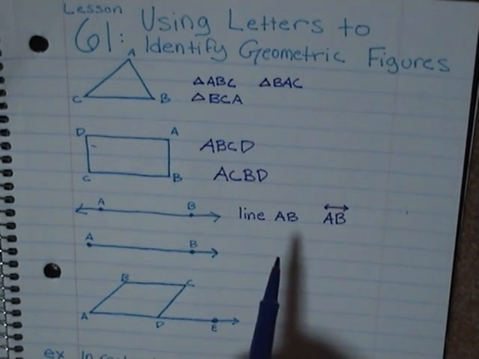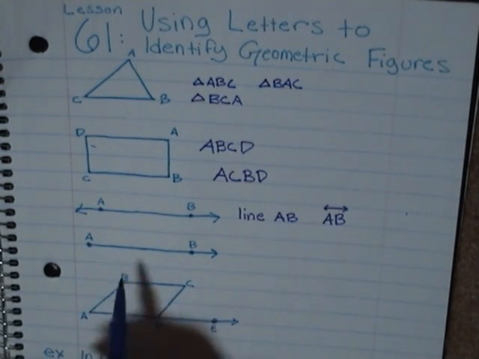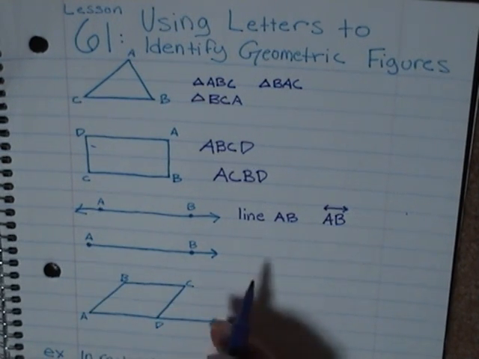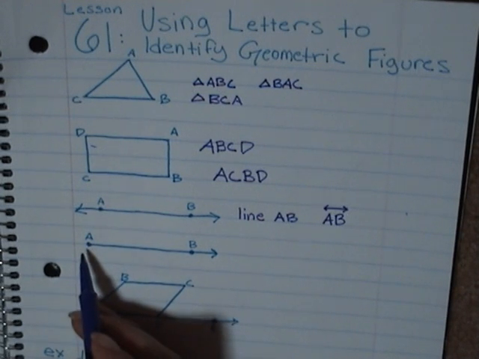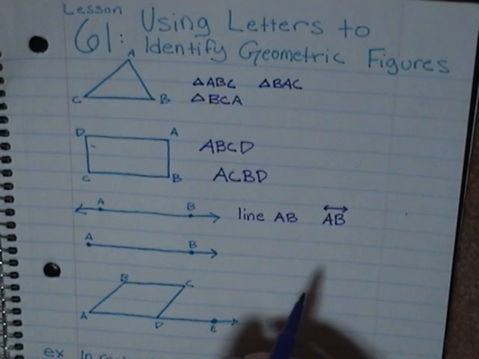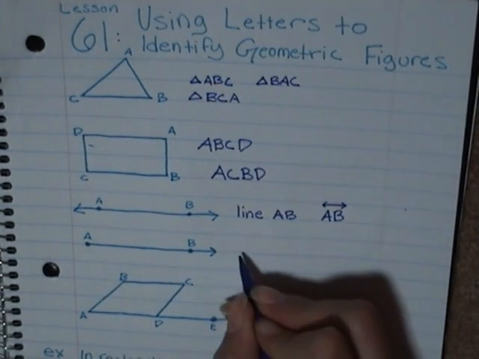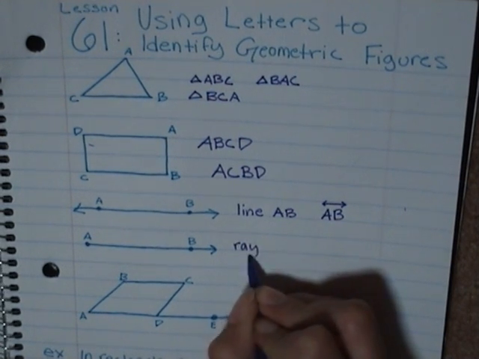Alright, now we are going to name this ray. And when you name a ray, you have to always name it with the endpoint first, and then the point which is going on forever second. So if I were to name this ray, I would say ray AB.